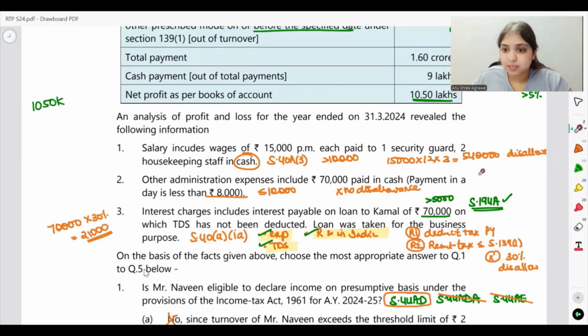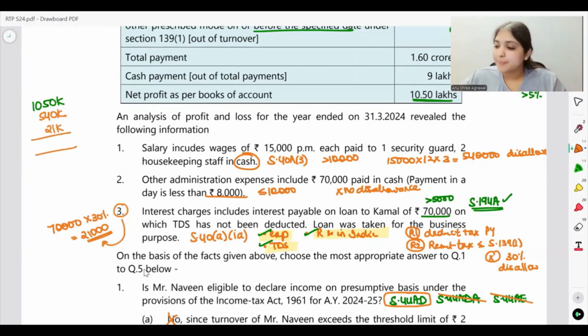We've already spoken about it. So here we're going to disallow 5,40,000 under 40A(3). Second situation, we said there's going to be no disallowance because per day is not exceeding 10,000. Third situation, we've already concluded 21,000 we're going to disallow because of 40A(3) money. So here we're going to disallow 21,000.